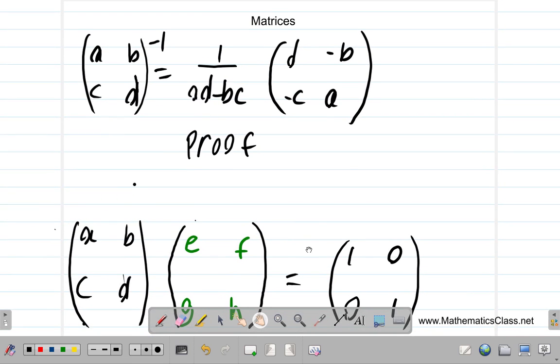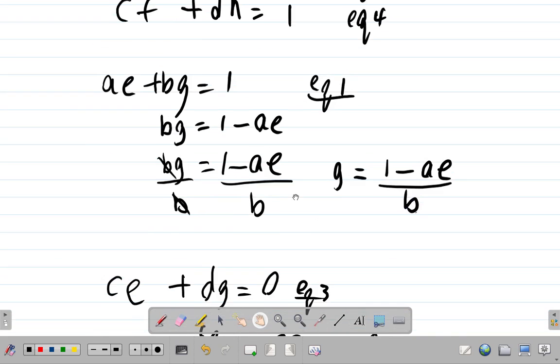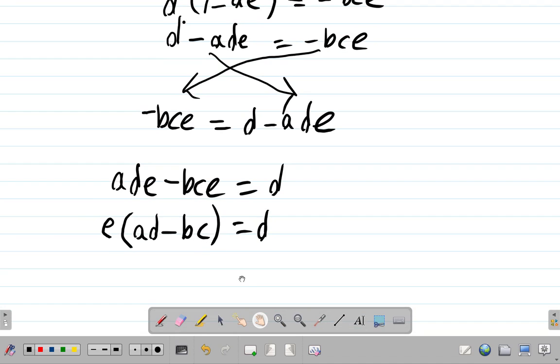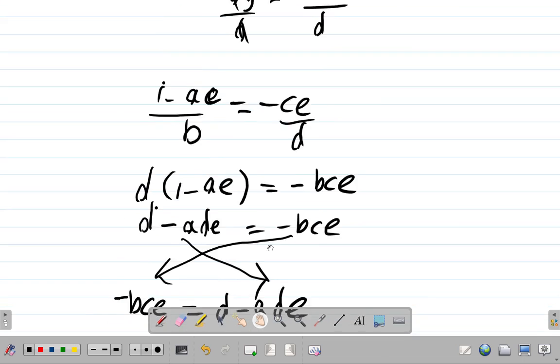Oh, AD minus BC. Whoa, this is nice. We are seeing the determinant come out right here. But anyway, we want to make E the subject. So we see that E is equal to D divided by AD minus BC. So let's rewrite it up here. E is D over AD minus BC.